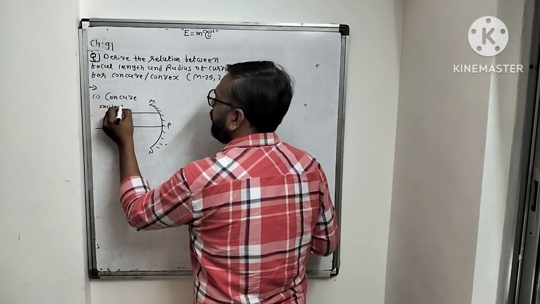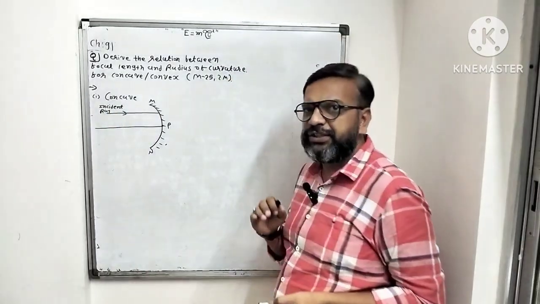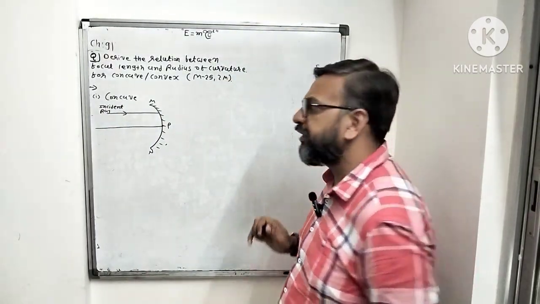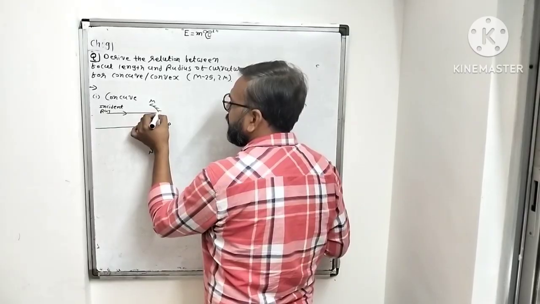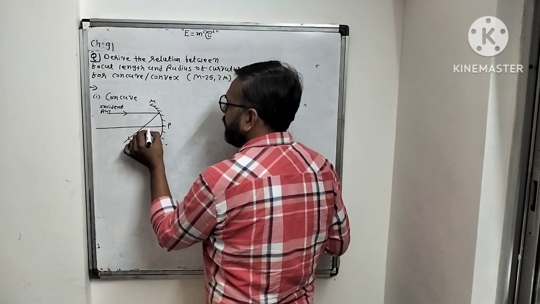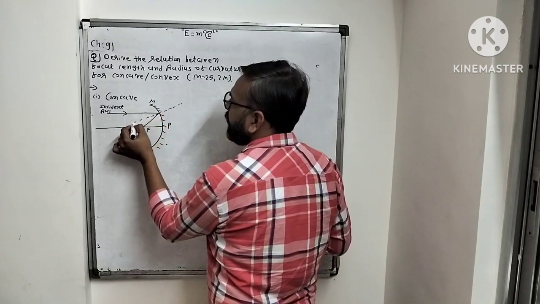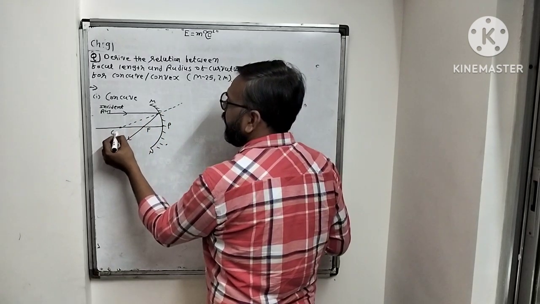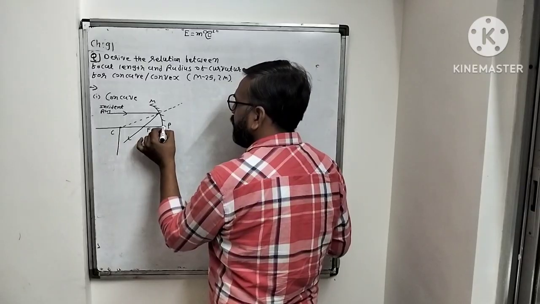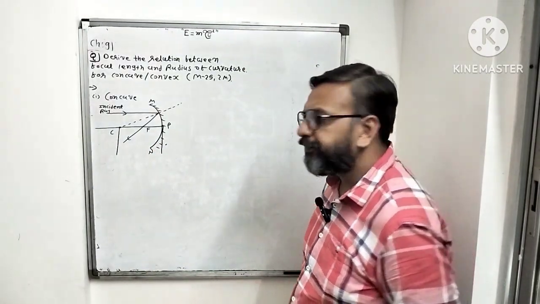Incident ray. As we know, when the incident ray is parallel to the principal axis, the reflected ray passes through the principal focus. A normal drawn to the surface intersects at a point C, which is known as the center of curvature.